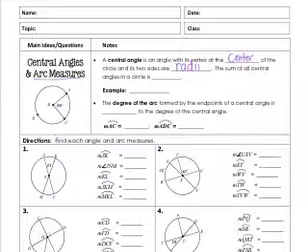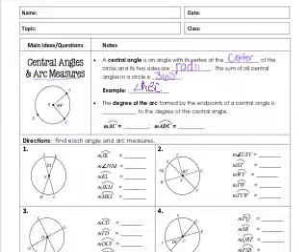And the sum of all central angles in a circle is 360 degrees. An example of how we would name it: obviously we're talking about an angle, so it's angle, and then the vertex needs to be the middle letter, so angle ABC would be a central angle.